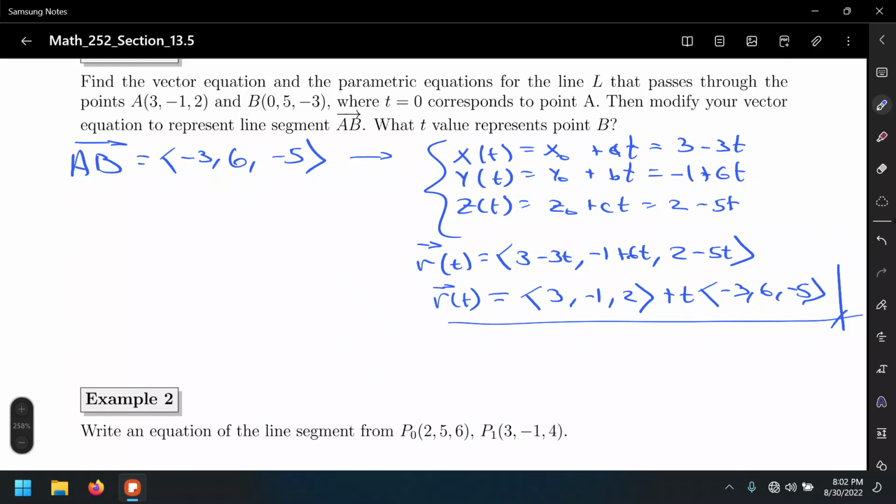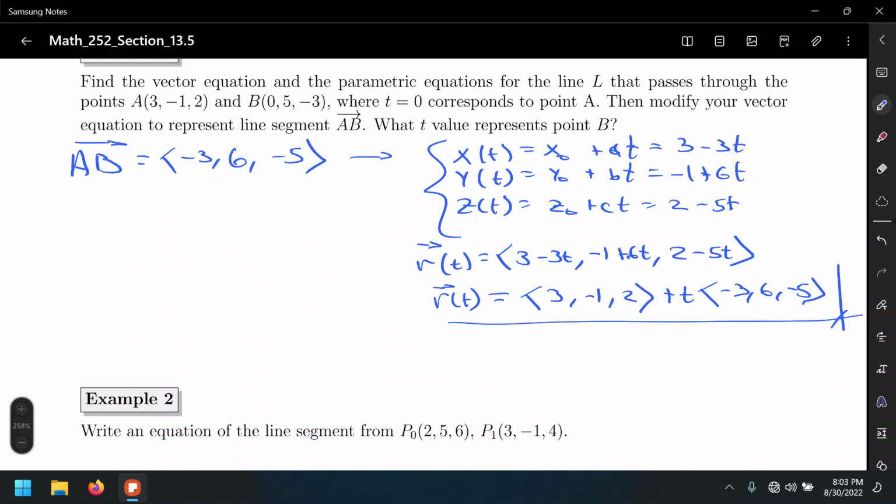Okay, what is this equation that we just found? This is an equation that just goes on forever in that direction, in the direction of that vector, through -3, 6, -5. You know, we can plug in our favorite values of t to find out what vector is it at a given point, at a given time rather, at a given value of t. However, since this line goes on forever, that's not a segment, right?